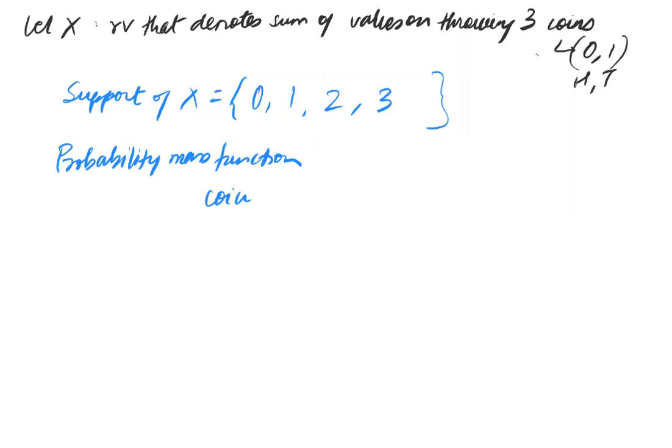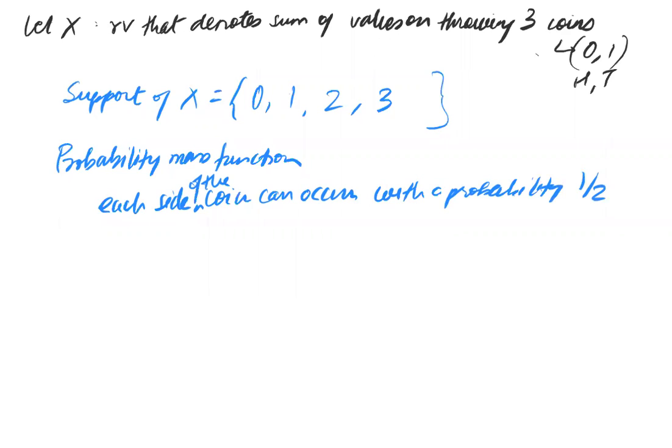So each side of the coin can occur with a probability 1/2. And the probability of a particular pair of values being rolled is 1/2 squared. And the probability of each possible value of the sum X is listed.